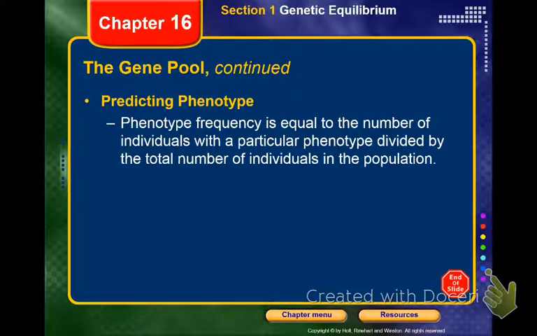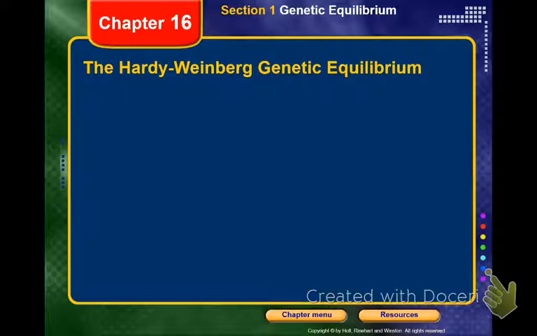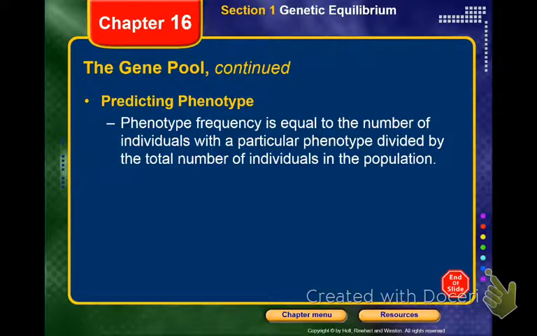If we counted up all of the individuals in a population, that would equal 100%, correct? Keep that in mind, that you can go from 100%, if you convert that into a decimal, is what? 1.0, right? Keep that in mind as we go on and we do Hardy-Weinberg.